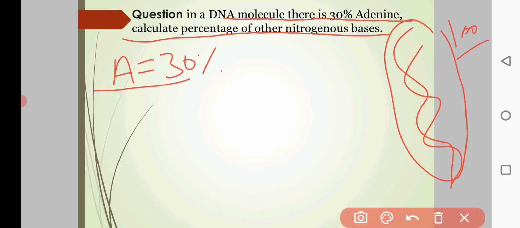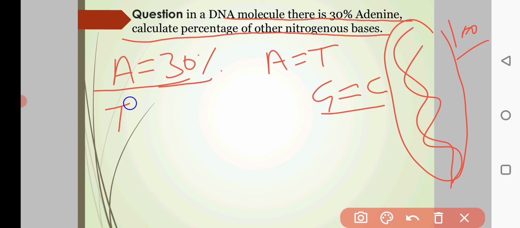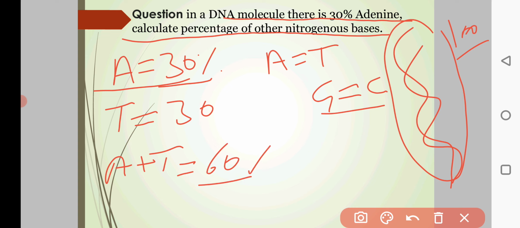So we all know that adenine is always equal to thymine and guanine is always equal to cytosine. This is the Chargaff rule, and here we know that adenine is 30%. So we can see that thymine is also 30%. So A plus T is equal to 60%, and the remaining is 40%.